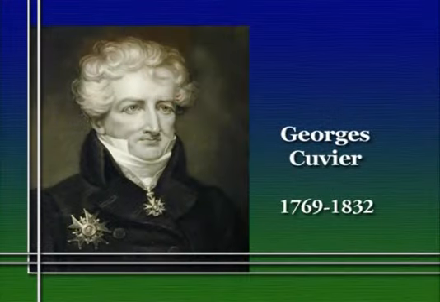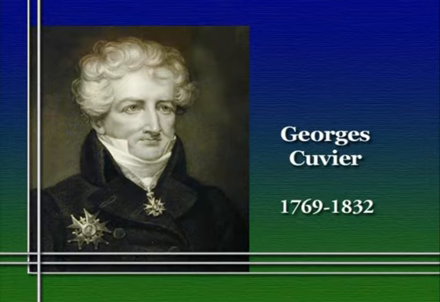Actually, the scientist who really is credited with founding the field of paleontology, the French anatomist Georges Cuvier, himself was a staunch opponent of the idea that evolution occurred. Cuvier acknowledged that you could find fossils in the fossil record of species that no longer existed, and furthermore, that fossils of species that hadn't existed earlier would appear at a later time in the fossil record.